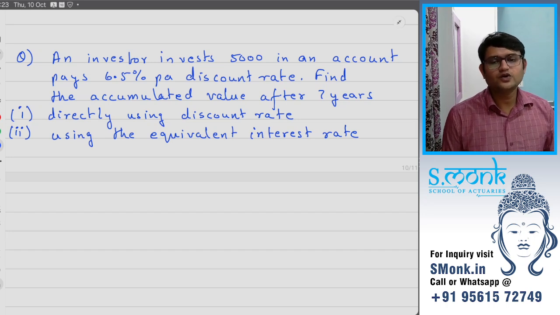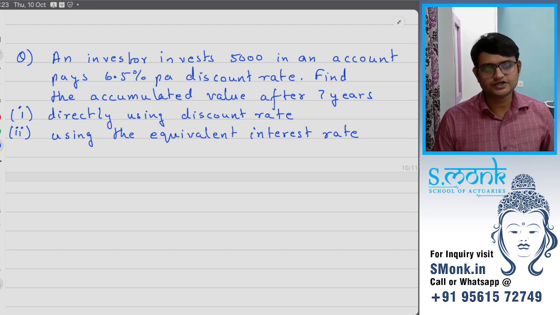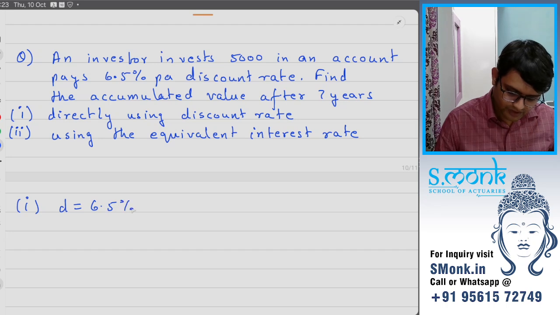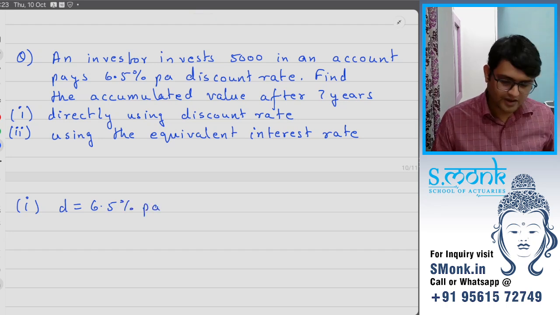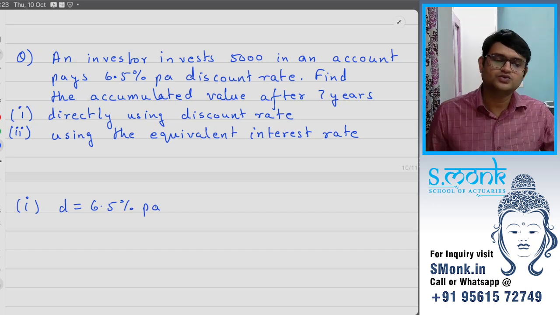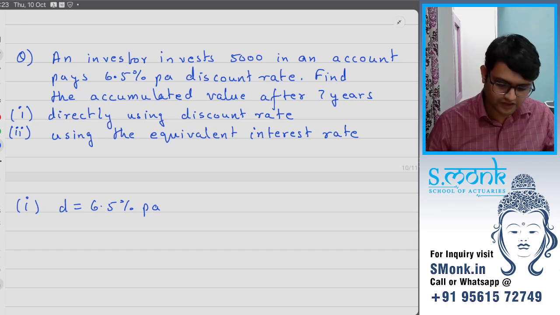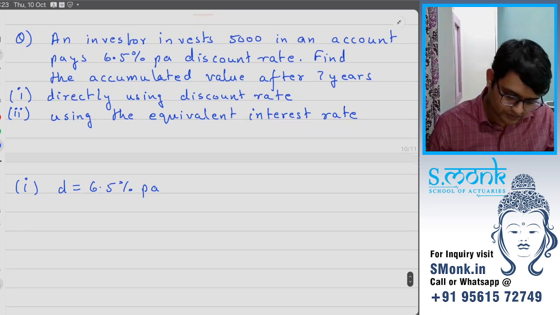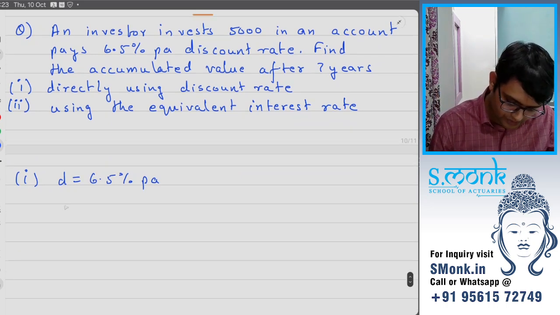Find the accumulated value after 7 years. First is directly using the discount rate, and second is using the equivalent interest rate. So in the first part, we'll directly say d is 6.5% per annum. And we are finding the future value, the accumulated value. So that means we'll have to divide by the discounting factor. If you don't remember, I'll be making a small table later on for you to remember.